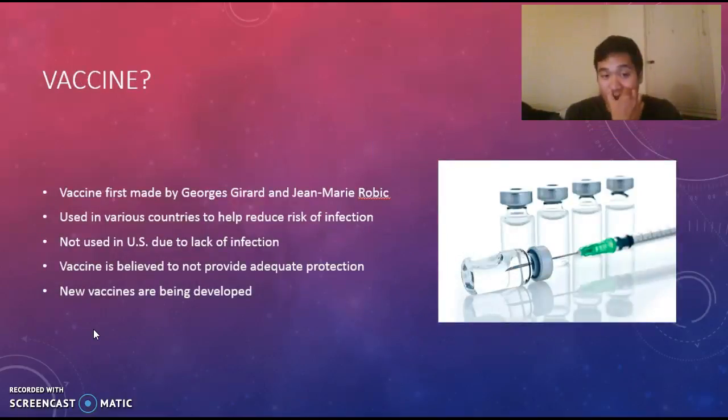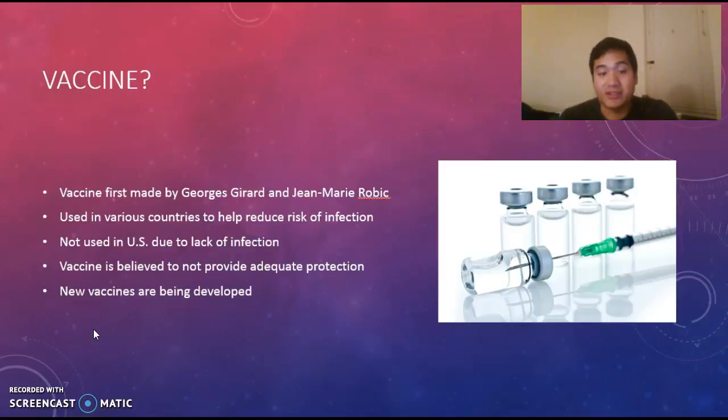Okay, so there is a vaccine. It was made in Madagascar by George Girard and Jean-Marie Robic in the 1920s. The vaccines for the plague are used in various countries. However, it is not currently offered in the U.S. due to the low frequency of cases.